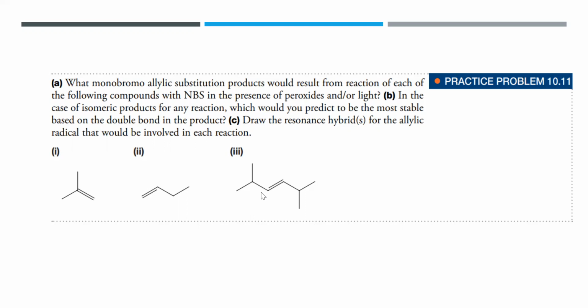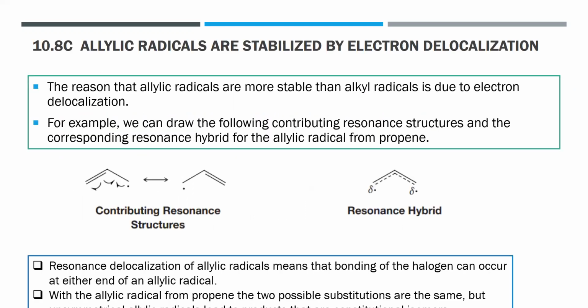Or here, if you have your allylic position here and your radical here, you can form the bond there too. So there are too many possibilities for this kind of substitution reaction whenever you have the formation of an allylic radical, because of, again, the formation of contributing resonance structures. Like in this case, you can form the carbon-halogen bond at either end.